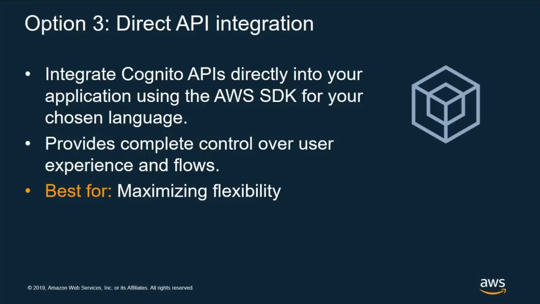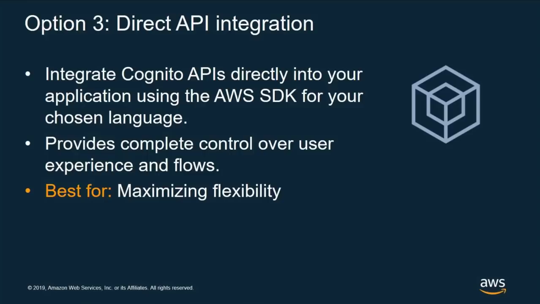So for a sign-in experience, you might do the initiate auth API call, and so on and so forth. Similar for allowing access to the profile information, you're just going to make raw Cognito API calls.